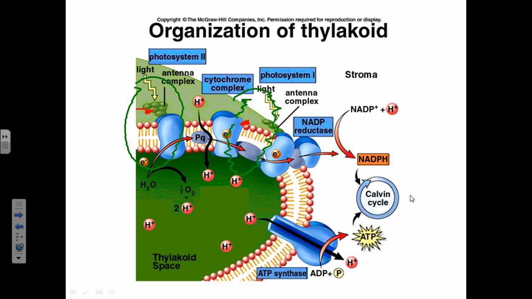The electrons that leave photosystem 1, with the help of this enzyme, NADP reductase, end up reducing NADP plus to make NADPH. And I told you to think of that like charging up a rechargeable battery, charging it with the sunlight. So this is a charged up form of chemical energy, NADPH. It's an electron carrier, electron shuttle, electron storage device, something like that. NADPH stores energy that used to be in the sun.